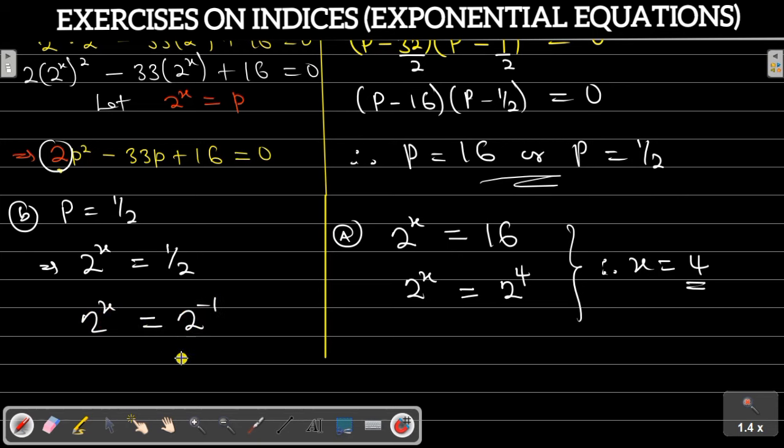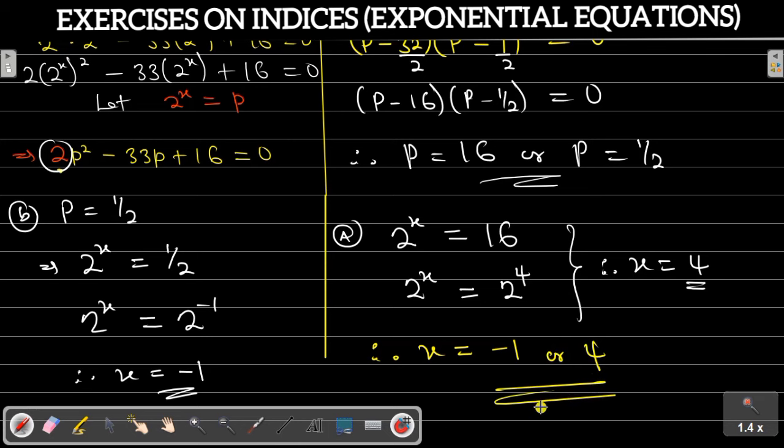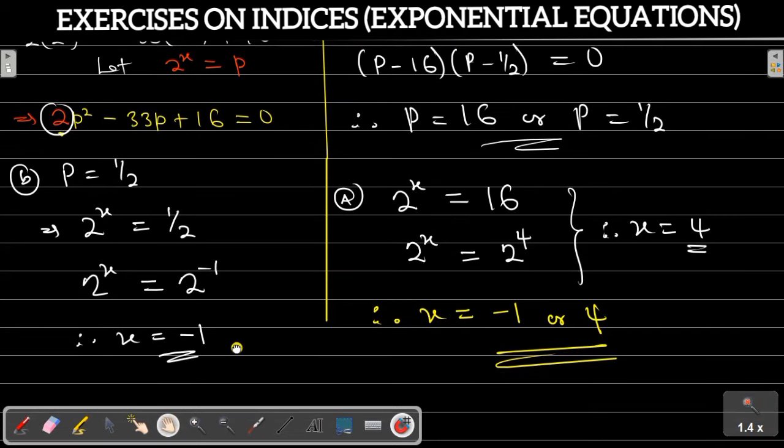And so we are done as well. Our x is equal to minus 1 here. Therefore, for that equation, our x is equal to negative 1 or equal to 4. So either of the two is correct. And that is for exercise 2.